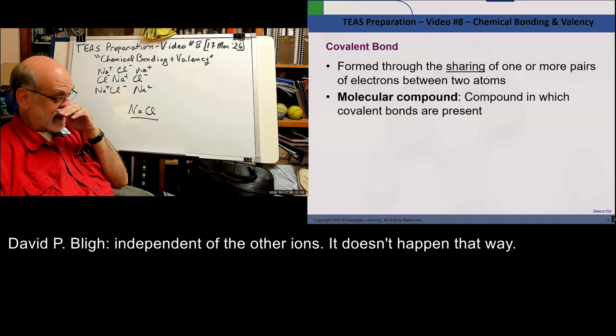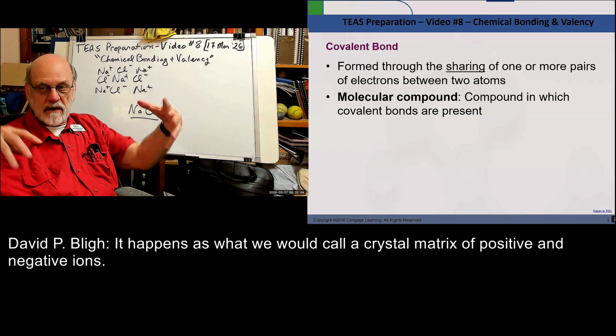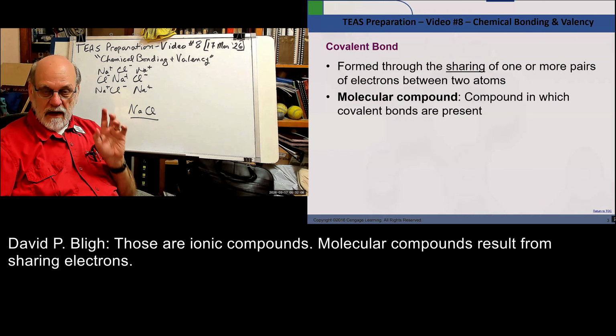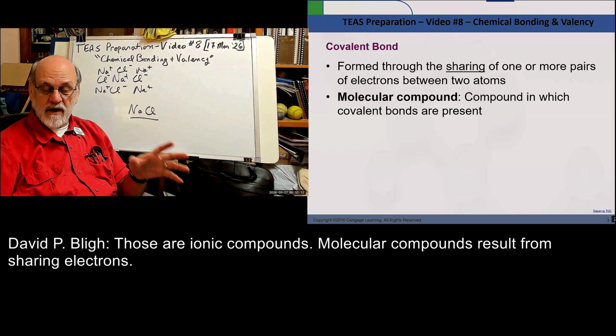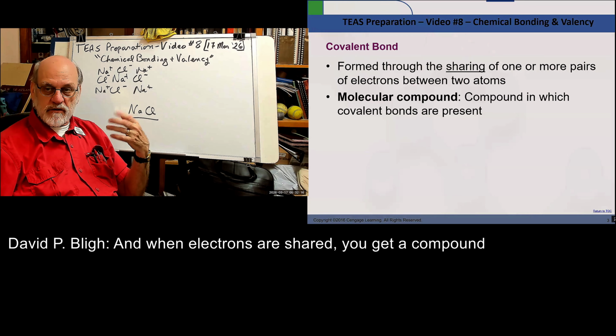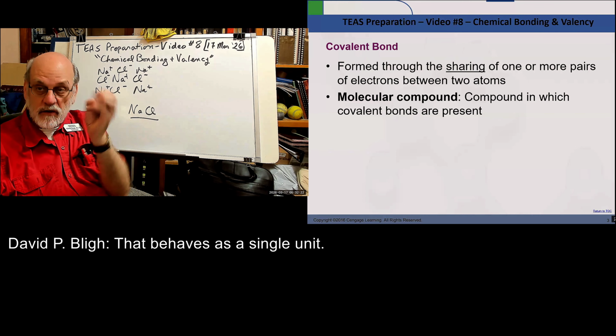It doesn't happen that way. It happens as what we would call a crystal matrix of positive and negative ions. Those are ionic compounds. Molecular compounds result from sharing electrons. And when electrons are shared, you get a compound that behaves as a single unit.